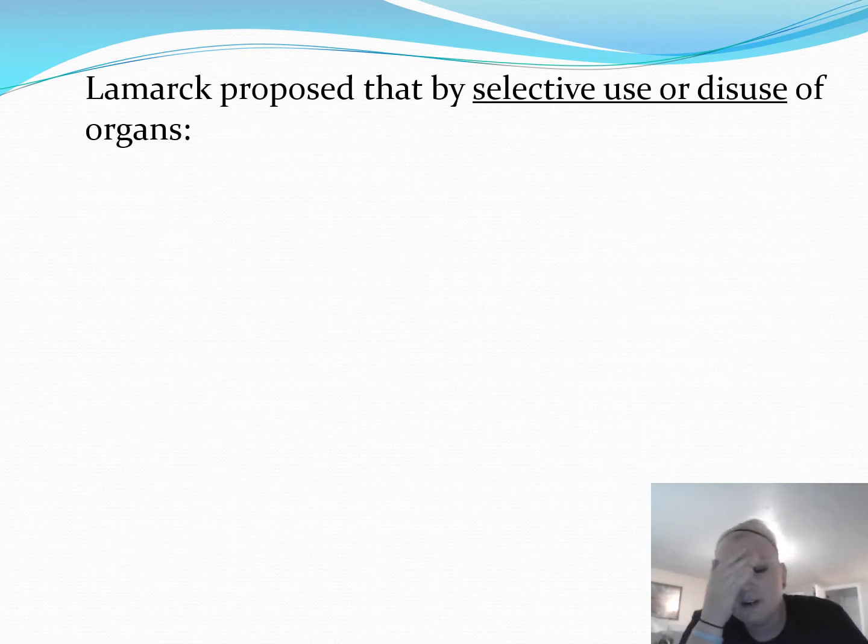So at first, this guy, he makes me rub my temples here. He had the idea of something called selective use and disuse. And it basically boiled down to, you've probably heard the terms, if you don't use it, you lose it. Or in this case, if you used it a lot, you would somehow gain an advantage.